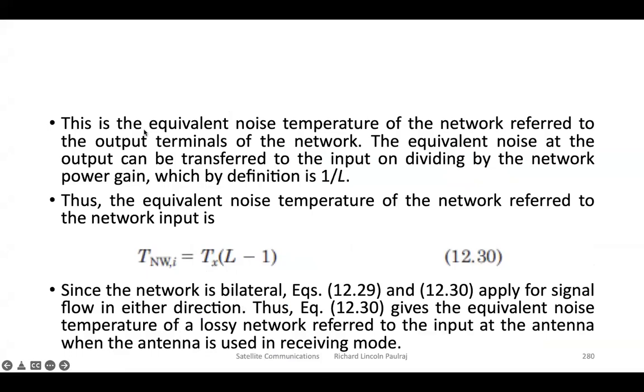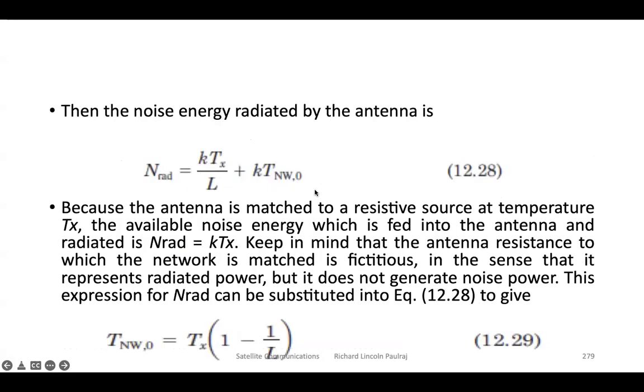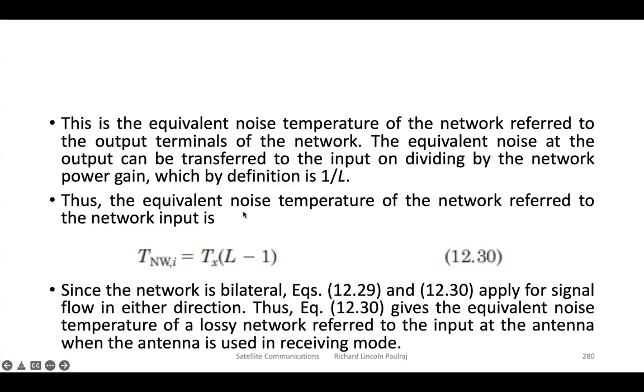So the equivalent noise temperature of the network, which is referred to the output terminals of the network, the equivalent noise at the output can be transferred to the input by dividing the network power gain, 1 divided by L. That is what we actually saw here, 1 by L. Thus the equivalent noise temperature of the network referred to the network input is slightly modified. We modify it as L minus 1. So you can take down this formula as well.